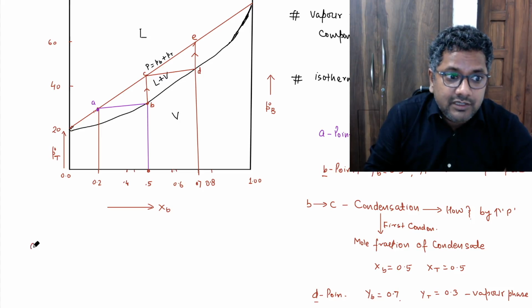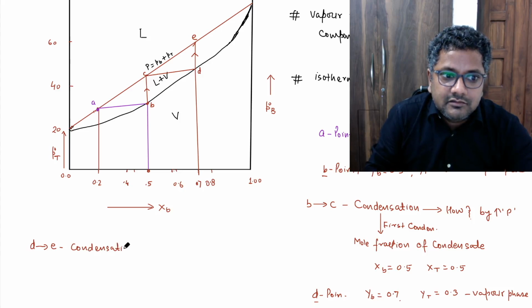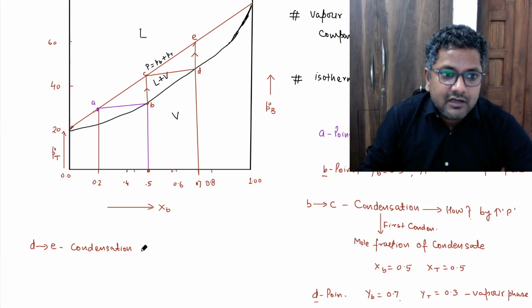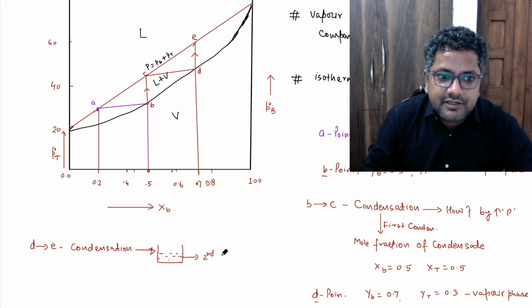So D to E movement again represents the condensation, right? And whatsoever we get from here in the beaker is called the second condensate.